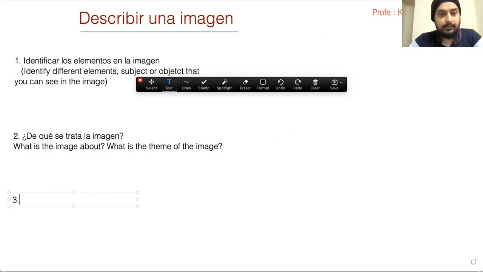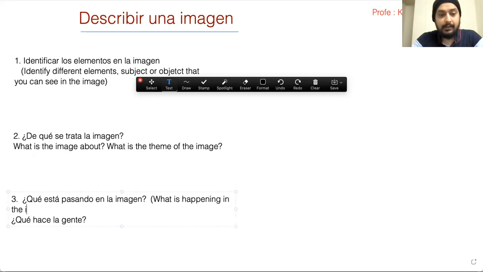In the third part, what are these elements doing? What is happening in the image? ¿Qué está pasando en la imagen? ¿O qué hace la gente? If there are people, what are they doing? What is happening in the image?